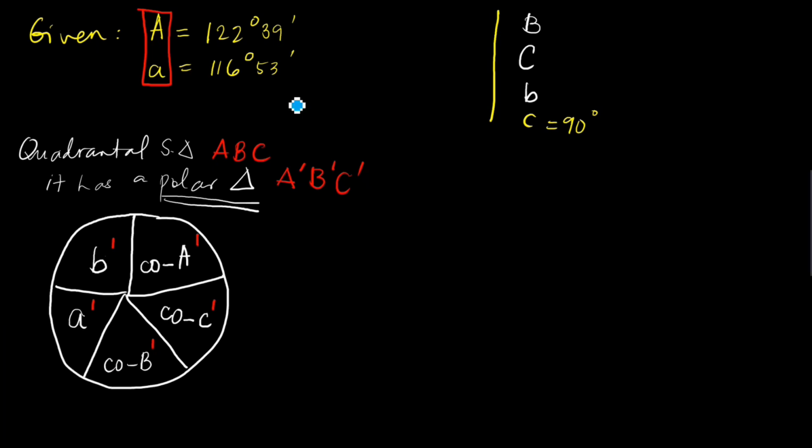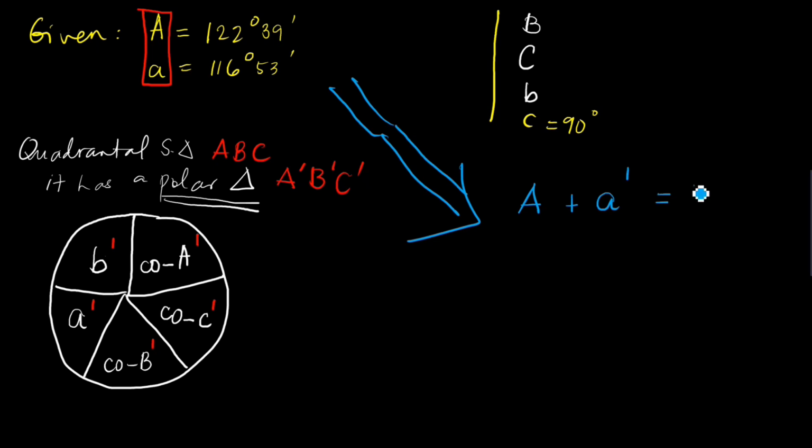So with the supplements, remember, if we do have big A, the supplement of the big A is the small a with prime. These two are equal to 180 degrees. Remember that.